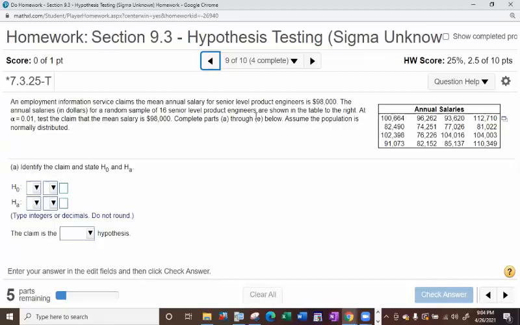I don't know much about how this is done in Excel, so I don't want to waste any time now figuring it out, but if you figure out a way to do it, you can use it. I mean, I can't stop you. But I'm going to do this using the calculator like we did where I had to enter the numbers in.